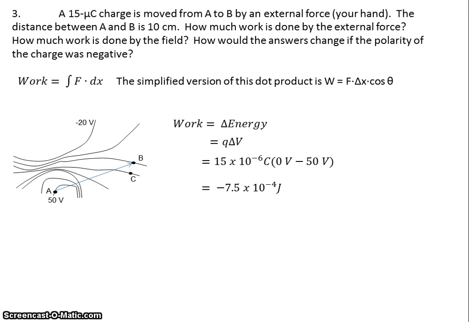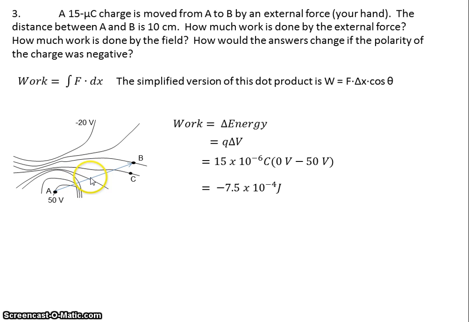However, we need to figure out what is the work done by? If you're thinking about taking an external force and moving this charge, which is positive, from here to a lower potential at B, well, positive charges naturally move from high potential to low potential. So this thing would actually accelerate. We don't want it to accelerate. We're going to take an external force and move it there at constant velocity.